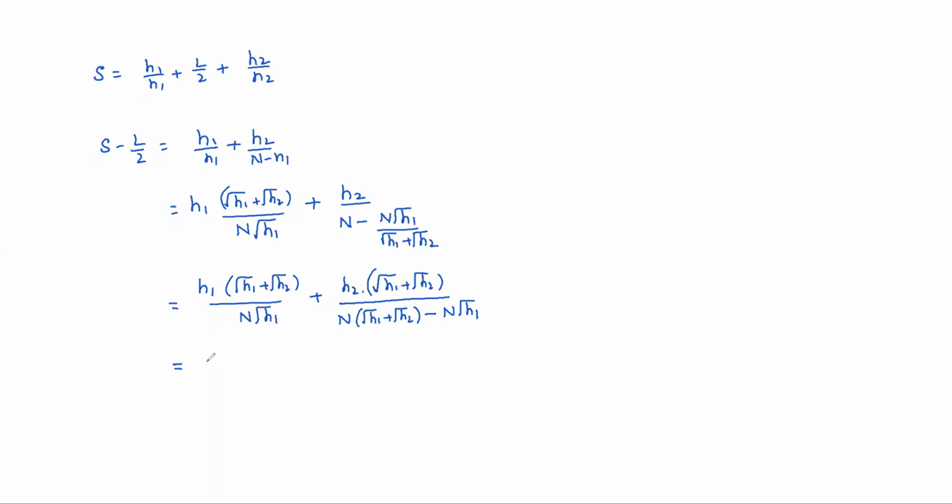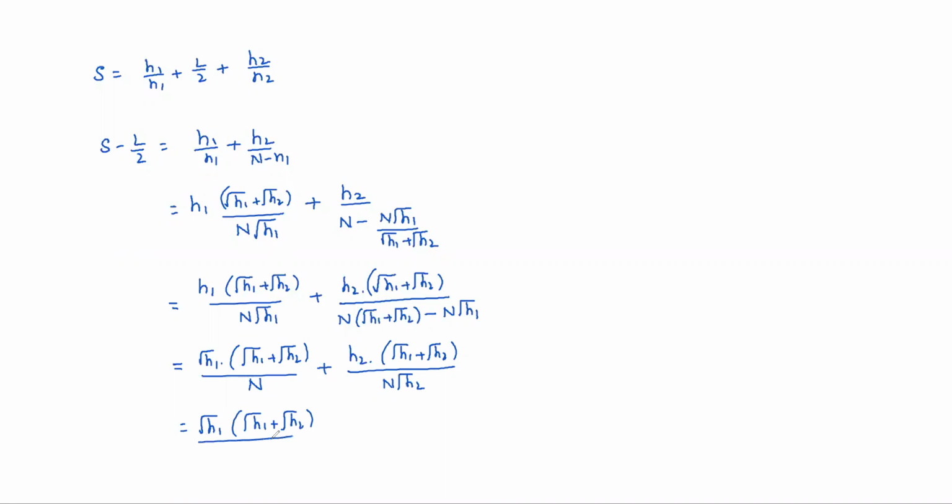Sir, n root h1 minus, yeah. n root h1. Yeah, root h1 will be on top actually. Root h1 into root h1 plus root h2 by n plus here h2 into root h1 plus root h2. See here, denominator n root h1 gets cancelled. So n root h2. So you can simplify: root h1 into root h1 plus root h2 by n plus h2 by root h2. So root h2 by n root h1 plus root h2.